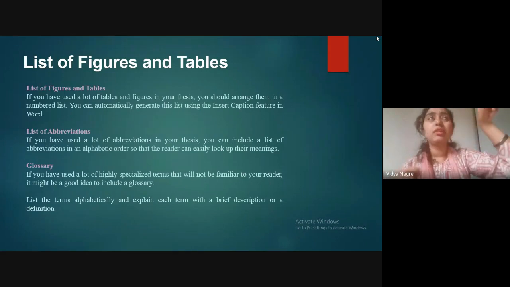Now the person cannot go to page one and find out where the explanation was given, right? So it's always easy for the person to go to the page of glossary and find out alphabetically where UK is written and the explanation of UK.